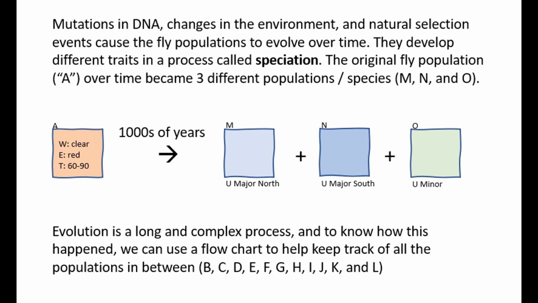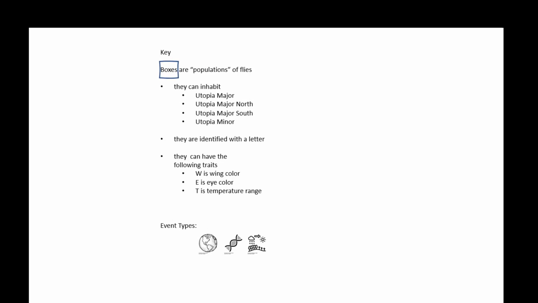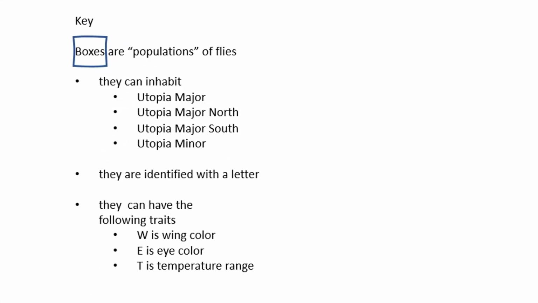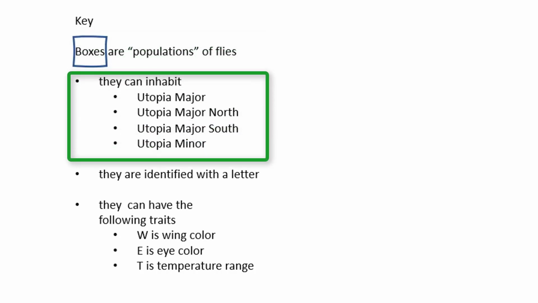Evolution is a long and complex process, and to know how this happened, we can use a flowchart to help keep track of all the populations in between A and O. In the key for the flowchart, boxes are populations of flies. They can inhabit these four locations.